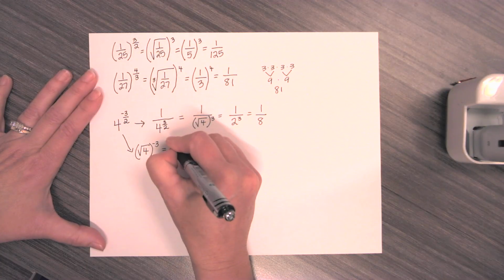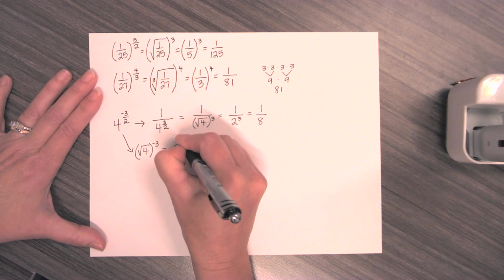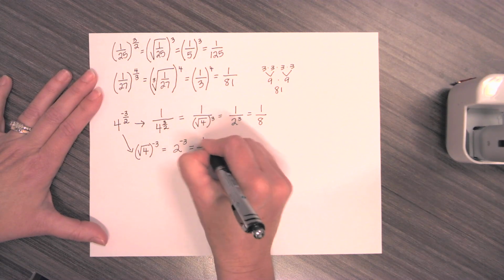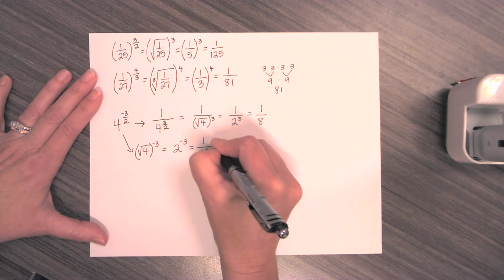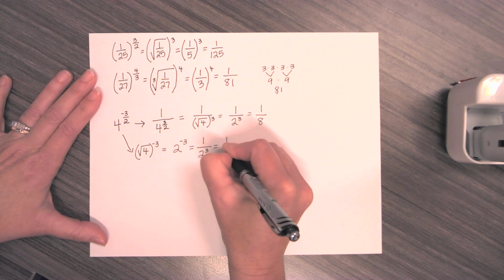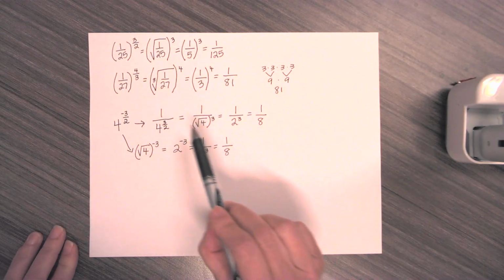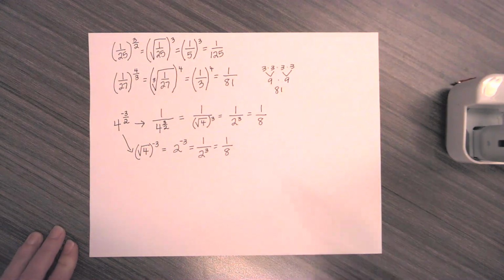So the square root of 4 is 2, 2 to the negative 3. Then we'd fix the negative by moving that to the bottom, and then we would evaluate that, and you see we still get 1/8. So it doesn't matter what order you go in there. The two things that have to be done are you have to get rid of the negative exponent and you have to evaluate the rational exponent. So whatever order you go in is fine.